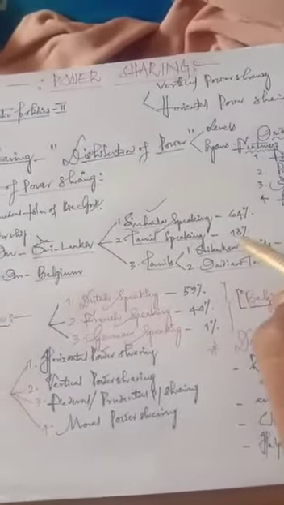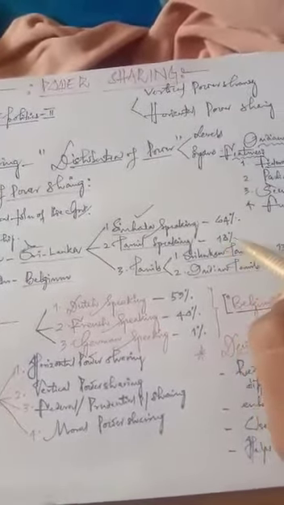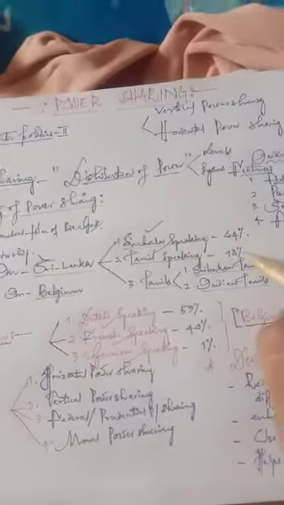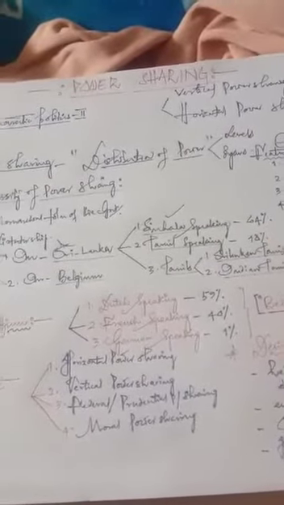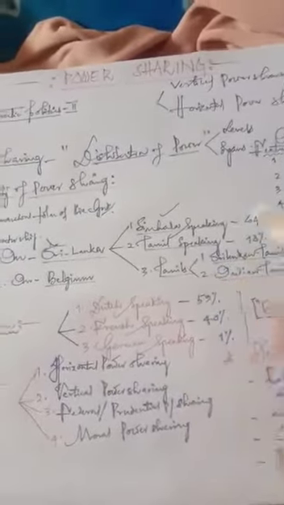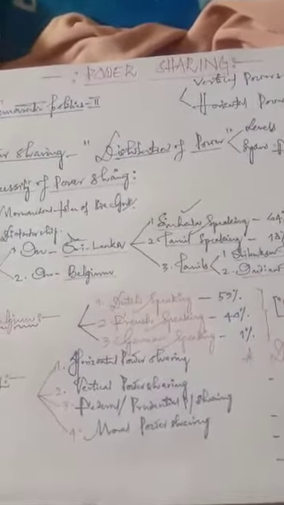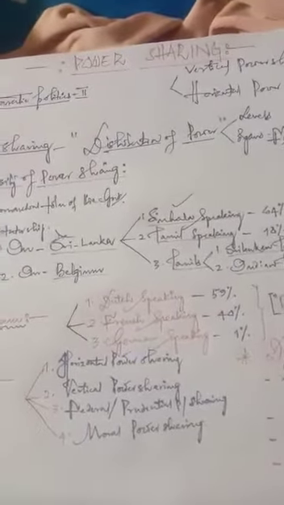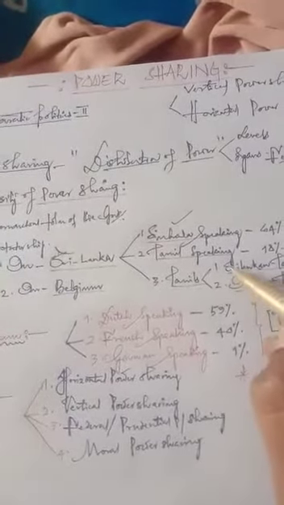The next category, exclusively Tamil speaking people, are 18% in Sri Lanka. Again, those exclusively Tamils are categorized into 2 ways.